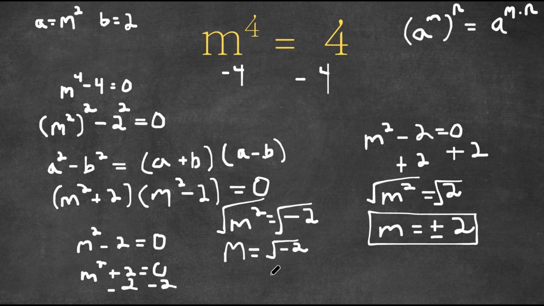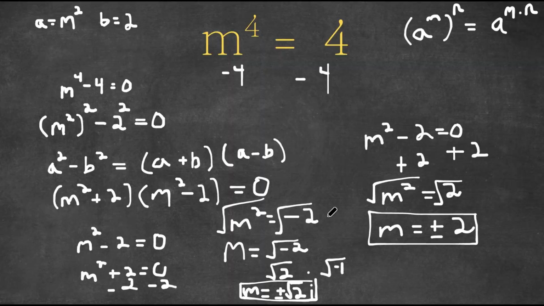Well, the square root of negative 2 is the same thing as the square root of 2 times the square root of negative 1, and the square root of negative 1 is equal to i. So this would be positive or negative square root of 2 i. So m is also equal to this. So these are the 4 solutions to this equation.